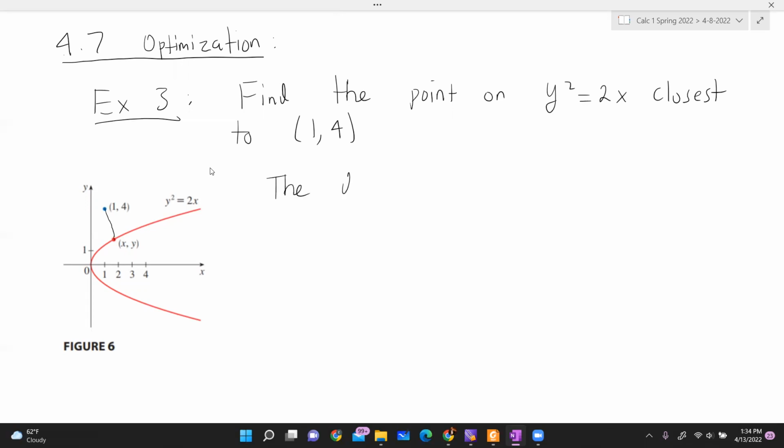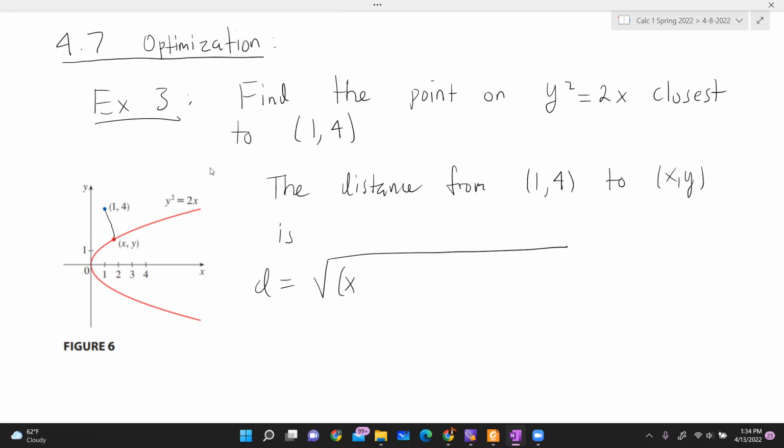We can say that the distance from (1, 4) to (x, y), where (x, y) is on the parabola, is given by the following: the square root of (x minus 1) squared plus (y minus 4) squared.